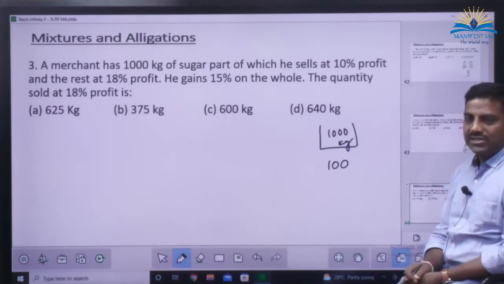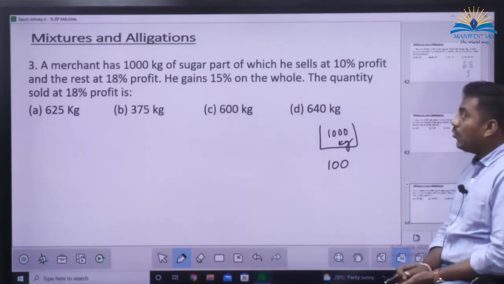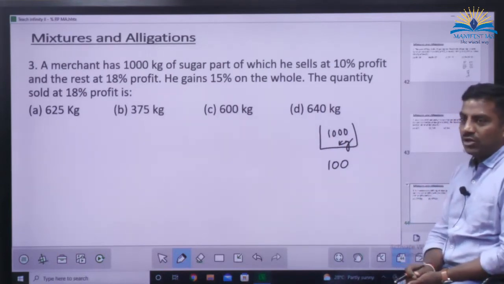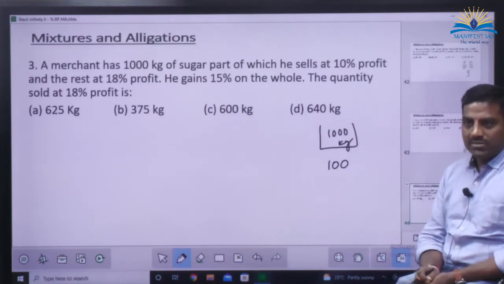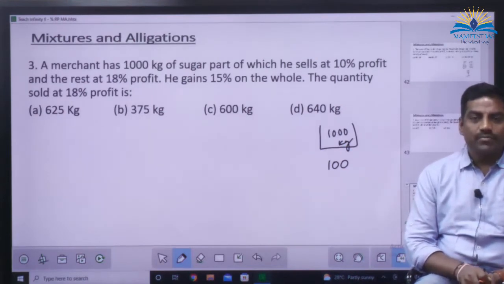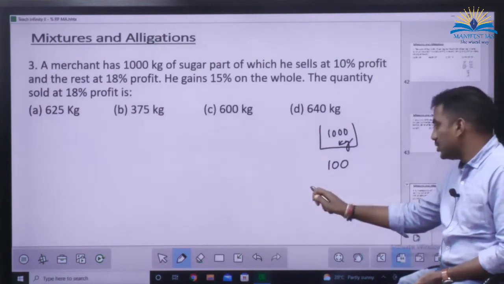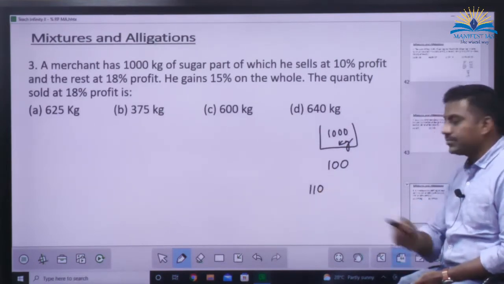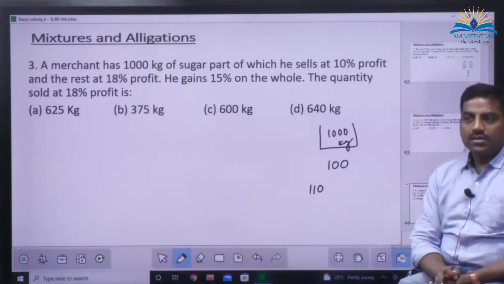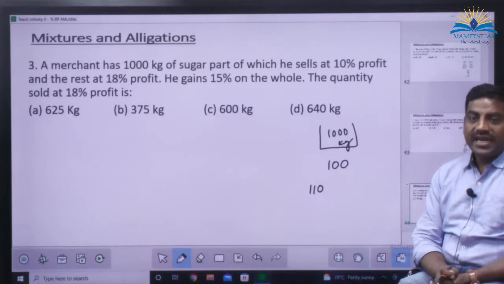He has invested 100 rupees per kg of sugar. And he wants to gain 10% profit on some kgs. So at what price should he be selling? 110. So he would sell at 110. Then some sugar, he wants to sell at 18%. So what should be the selling price?